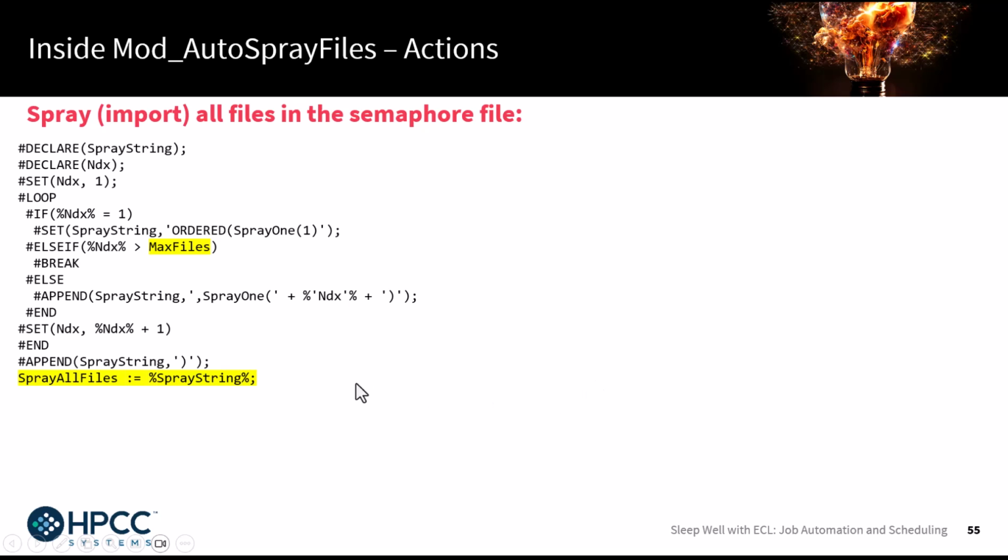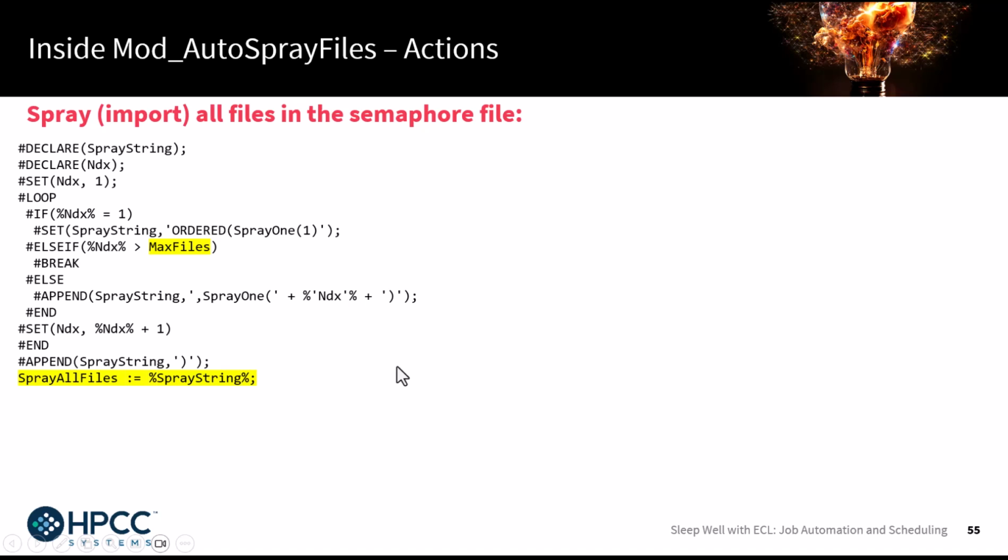And now I want to introduce you to something a little bit outside of ECL, but something that's been around since the start of ECL. It's the template language. This template language right here simply constructs an ECL language statement based on the number of files that you have specified.